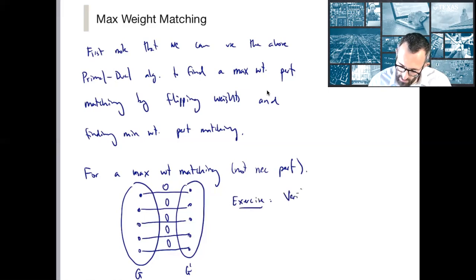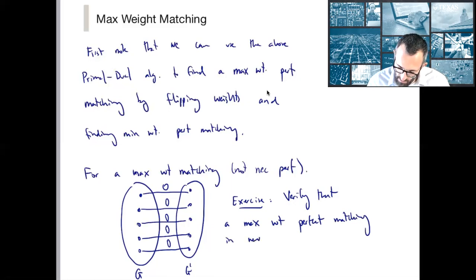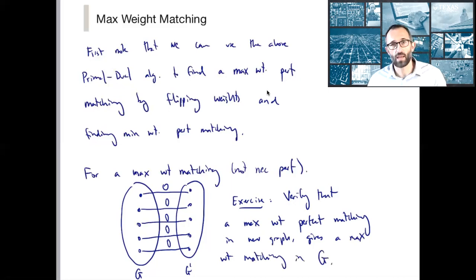Verify that a max weight perfect matching in this new graph gives a max weight matching in G. So that concludes the proof that our primal dual algorithm is correct, and it also shows how we can extend this to find max weight perfect matchings and also just max weight matchings.